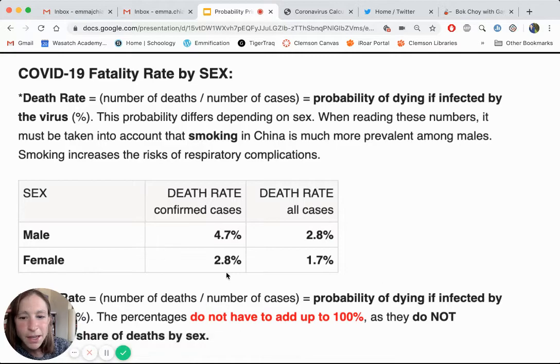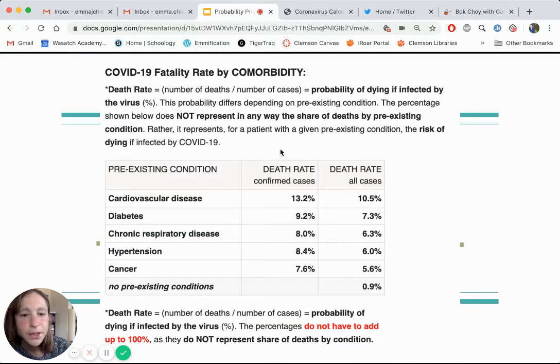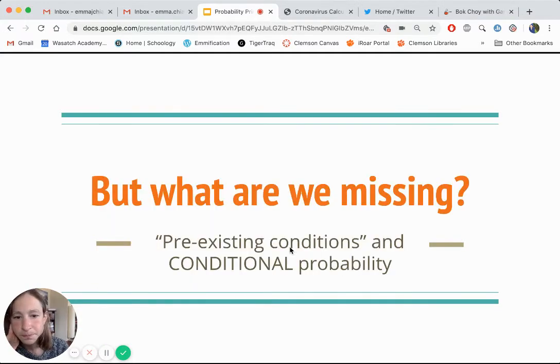And then for females, the number of females who died divided by the number of female cases. And similarly, they did this calculation looking at, of the confirmed cases, how many of those died and had a cardiovascular disease. So breaking it up into these little categories. And that's kind of what that original calculator was doing too.